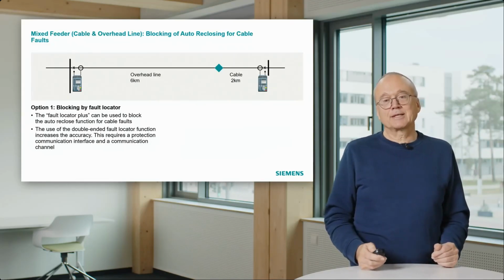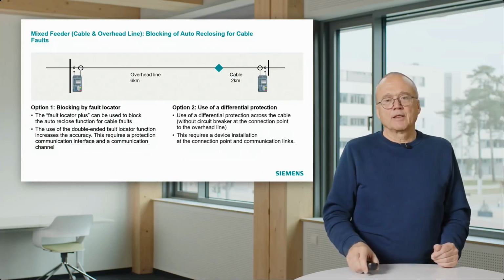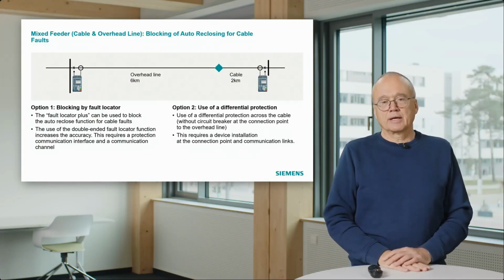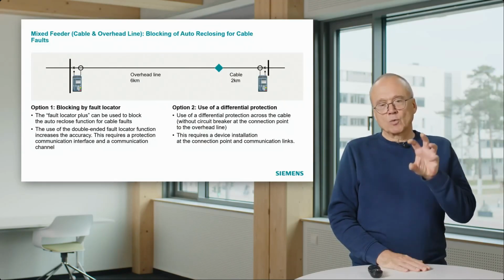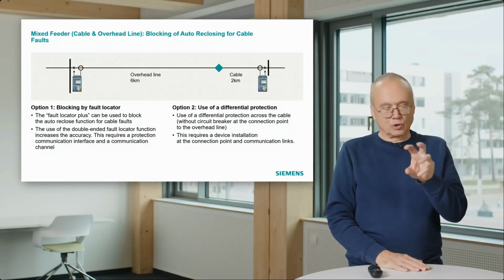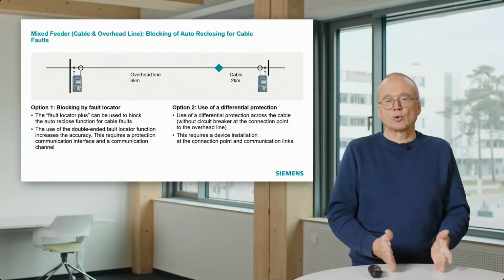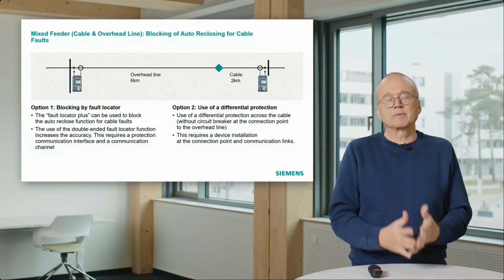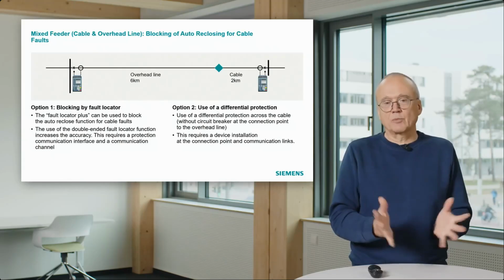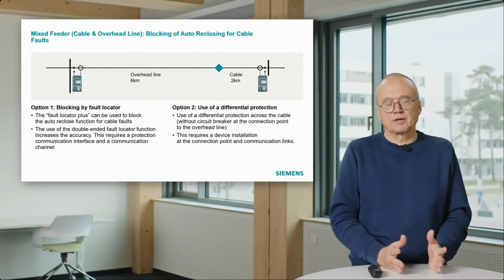If you want to avoid that, there is a second option. That option uses a separate differential protection. We assume that at this connection point there is no switchgear, that means no circuit breaker which can interrupt the current.